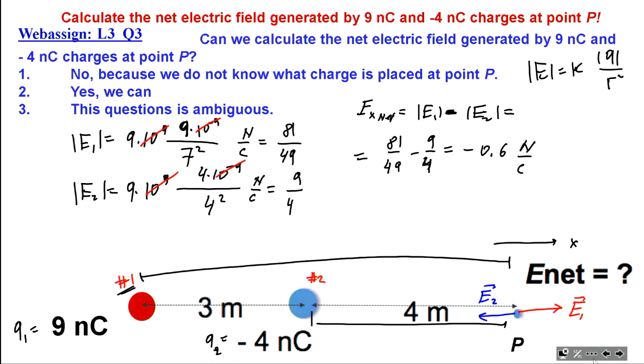And negative sign means the net field actually points to the left. Even if the positive charge is stronger, but it's farther away, right?